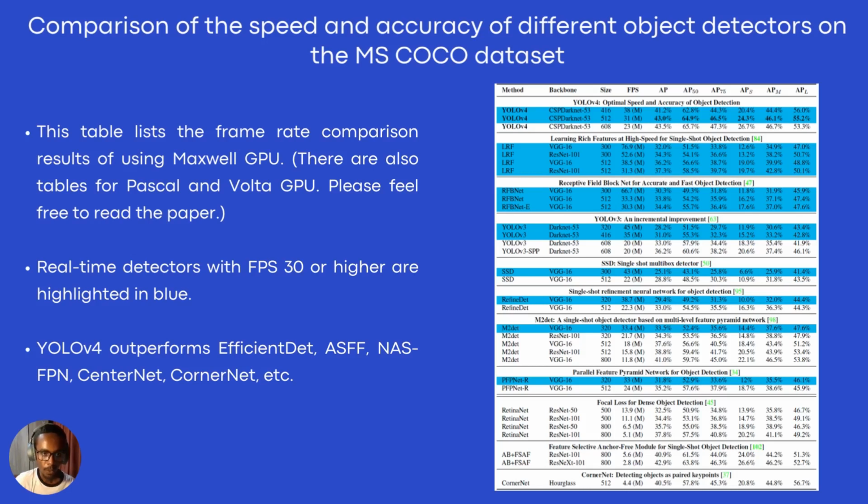And YOLOv4 outperforms all of these that are depicted in blue, which have frames per second 30 or higher, such as EfficientDet, ASFF, NAS-FPN, CenterNet, and CornerNet. So it outperforms all of these detector networks in terms of object detection while using the MS COCO dataset. So that's all about YOLOv4.